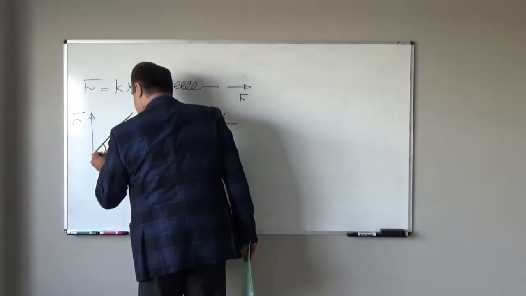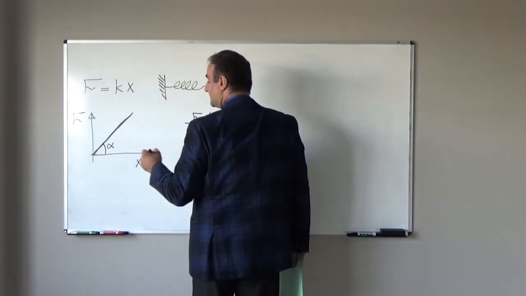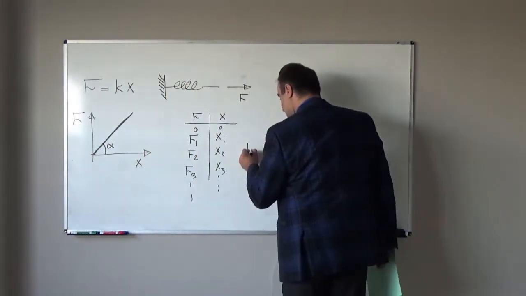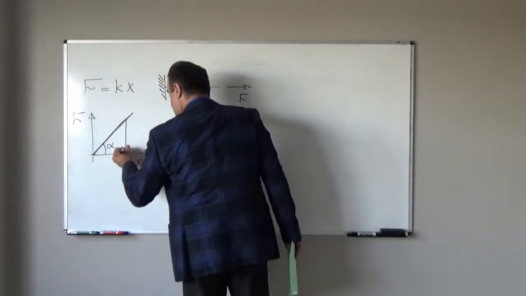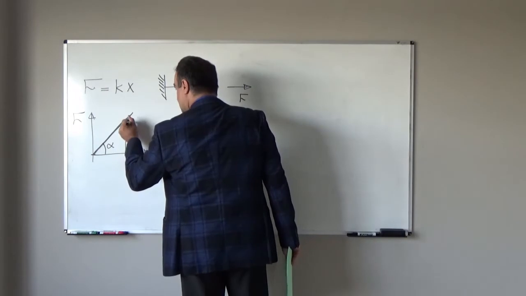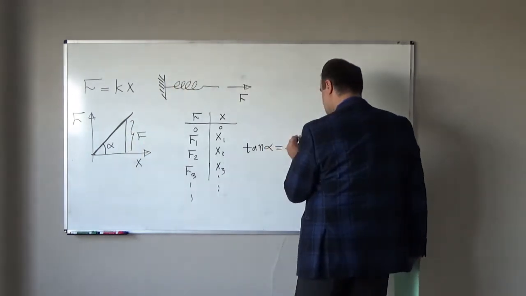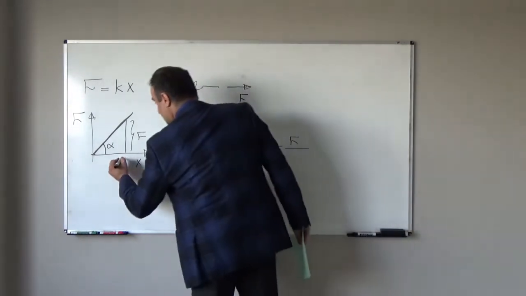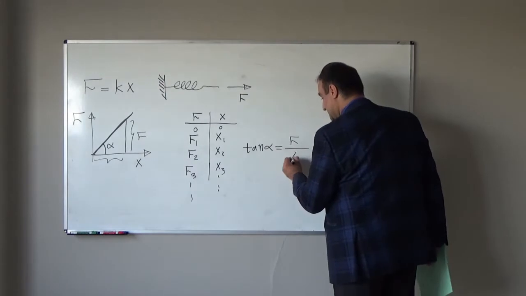The slope here, the angle is alpha, slope means tangent alpha, which is equal to the height, F, divided by this length, x.